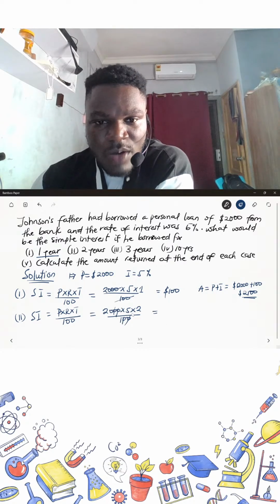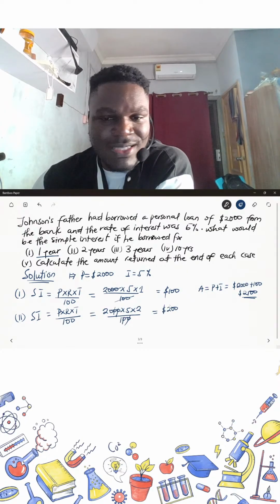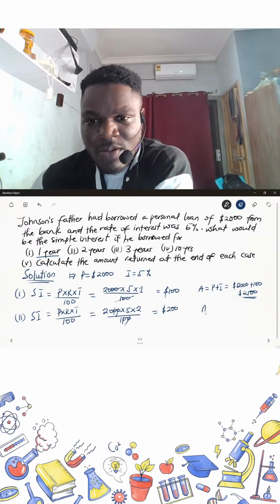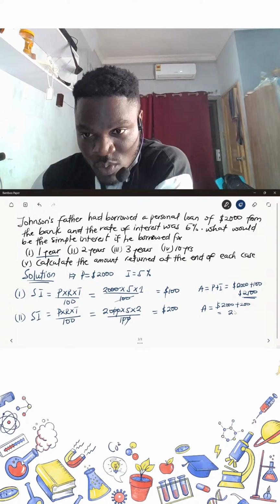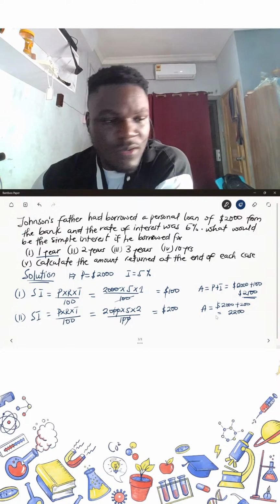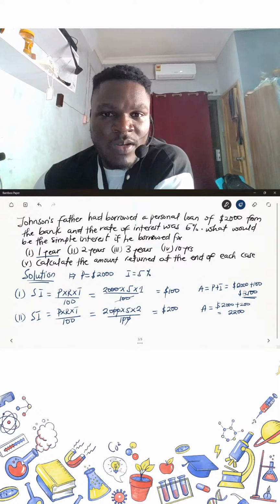Then 100 multiplied by 2 gives us 200. So we have $200 as the interest at the end of the second year. What it means is that the amount he has to pay at the end of the second year will be $2,000 plus $200, which is $2,200.